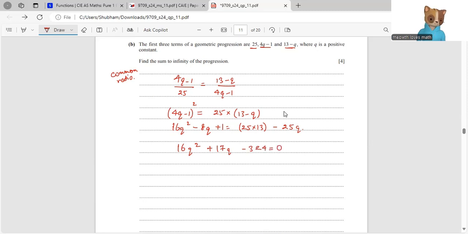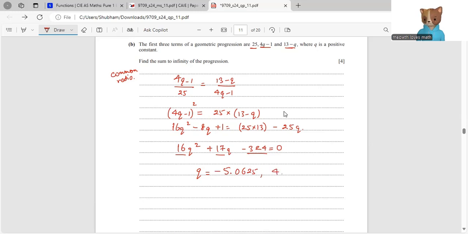So you'll get this quadratic equation. Now, once we solve for q, using calculator, you can plug in this as a, b, and c is negative 324. So you'll get the value of q as negative 81 over 16, which is negative 5.0625, and 4.